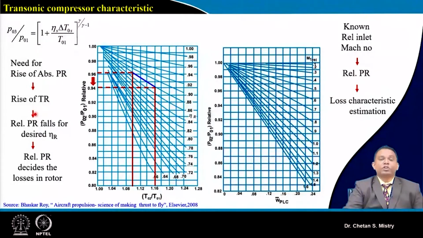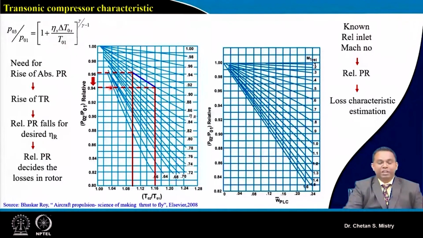This relative pressure ratio represents the pressure rise that is happening inside my rotor, and it helps us understand the losses happening within the rotor.